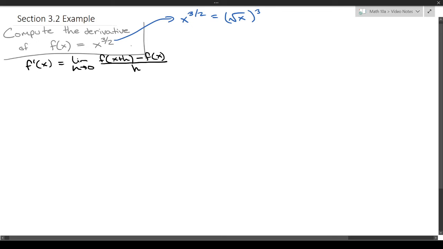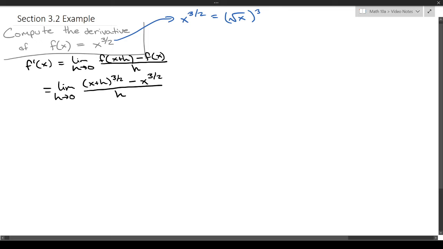And here we'll plug in f of x equals x to the 3/2. So this equals the limit as h goes to 0 of x plus h to the 3/2 power minus x to the 3/2 power all over h.